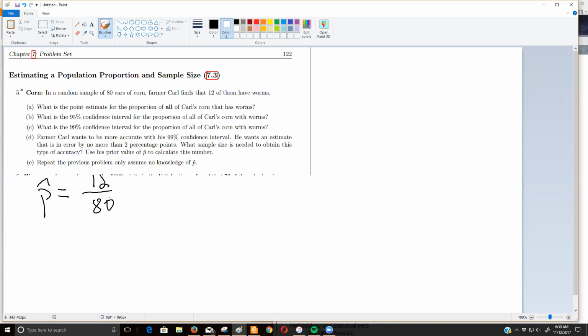And if we make that a decimal, that's 0.15. So our p hat, our point estimate for the proportion of ears of corn in this field that will have worms in them is 15% or 0.15.